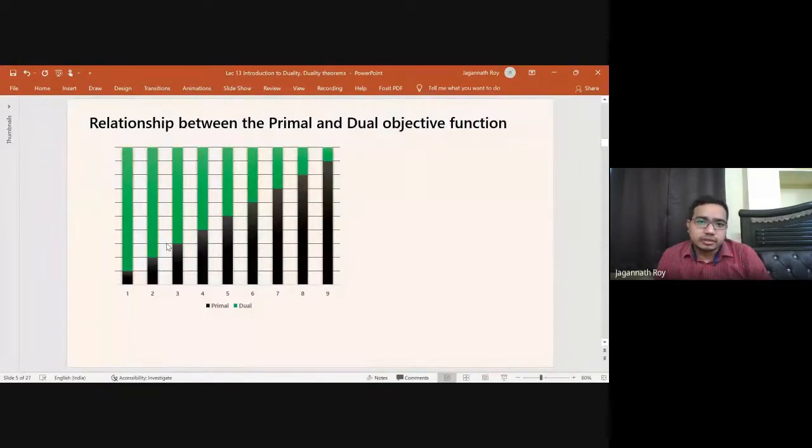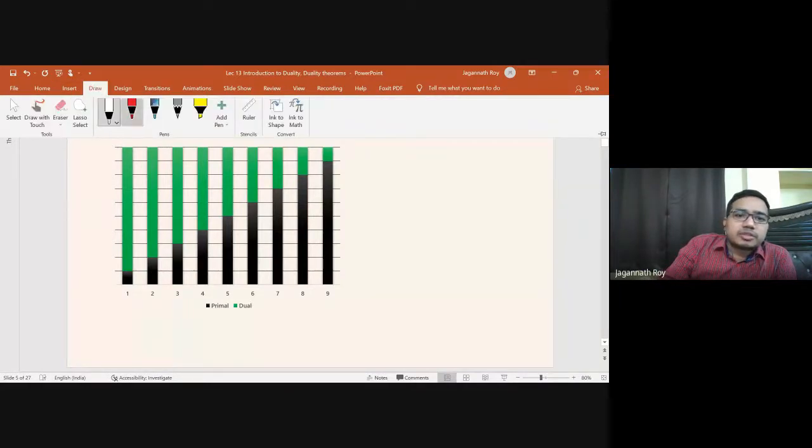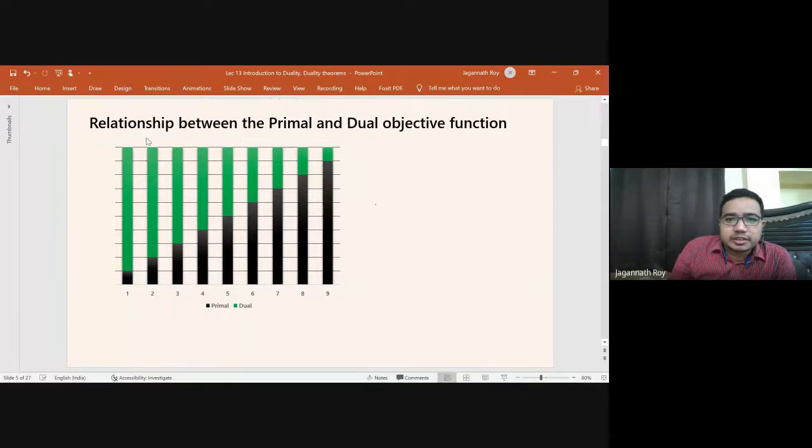Now if you try to relate these two things, this black bar can be treated as the primal problem, while these green ones are the objective values of the dual problem.